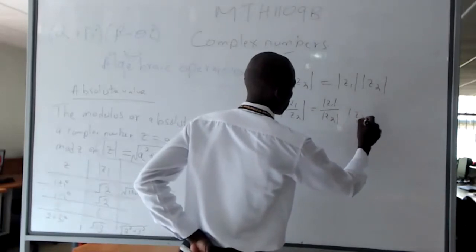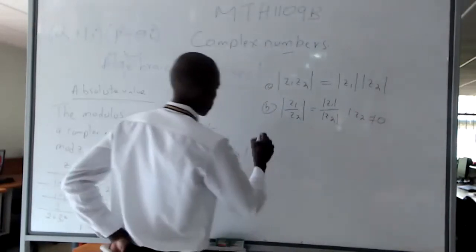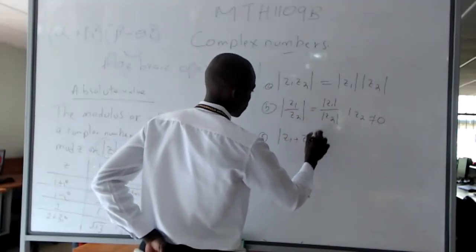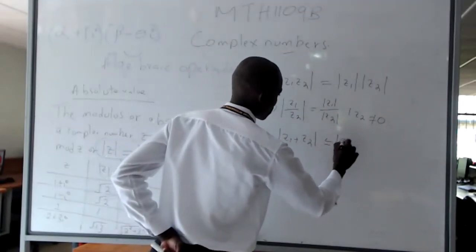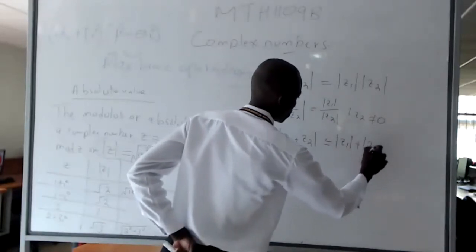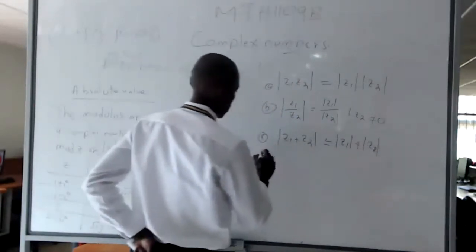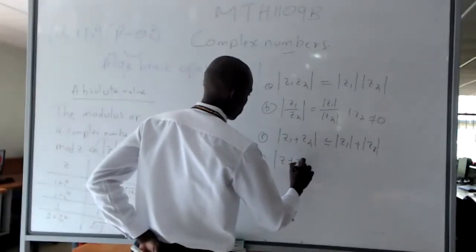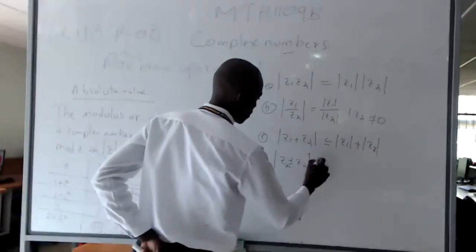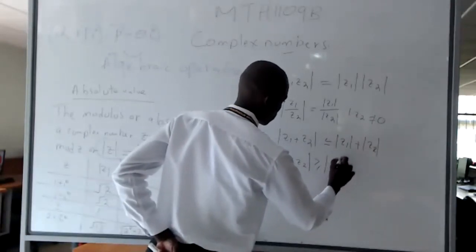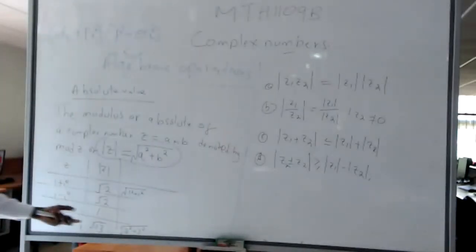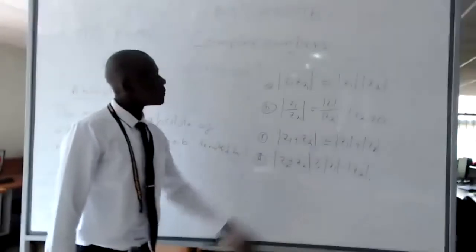Provided that the denominator is not equal to 0. We also have that the absolute value of a sum is bounded above by the sum of absolute values. Then lastly, the absolute value of a sum or a difference is bounded below by the difference in absolute values.